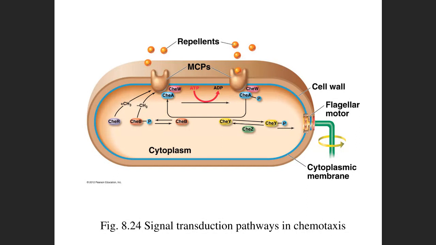If a bacterium is swimming towards a repellent, it's like if you are walking towards something that smells terrible, what would you do? You keep going? No. You stop, right? A terrible smell will stop you from going. If you smell gas and say, okay, that's bad, I'm going to stop, I'm going to turn around.